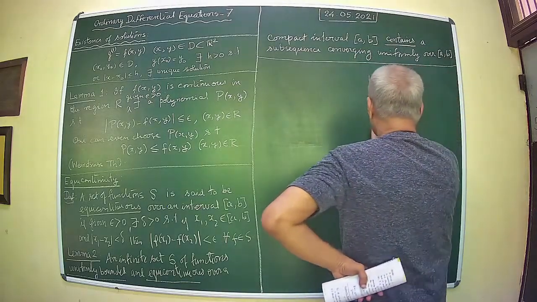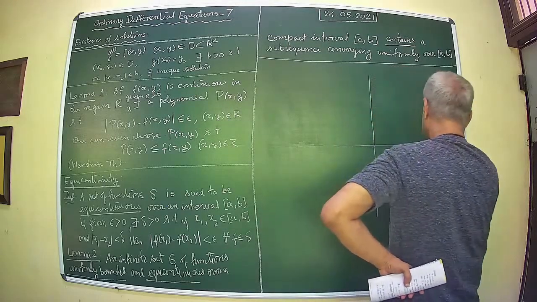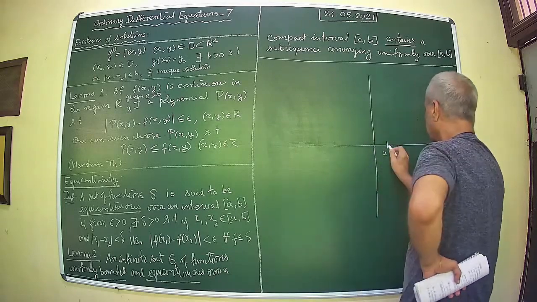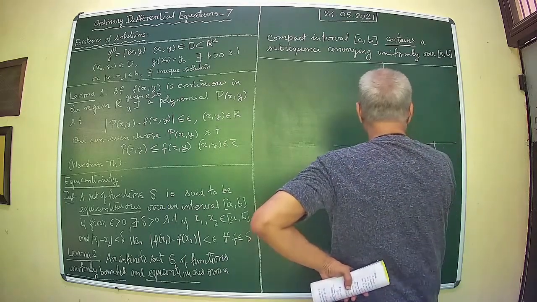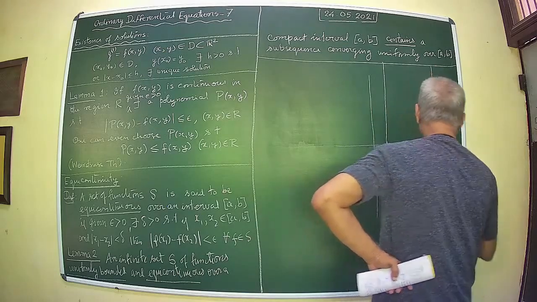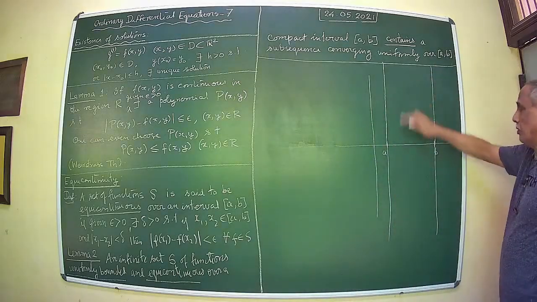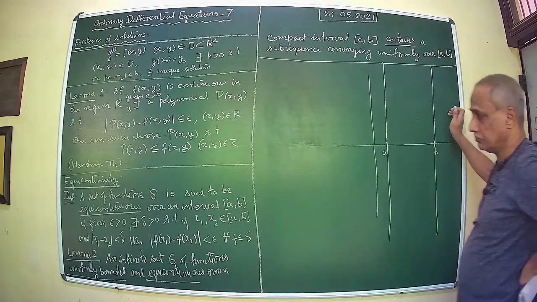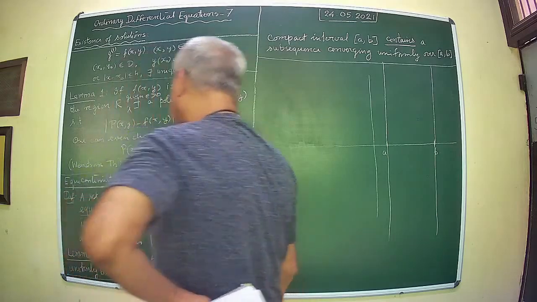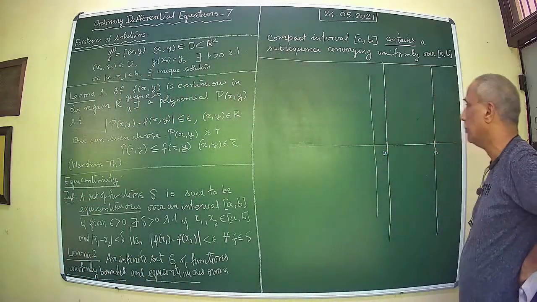What you have is this. Let us take the compact interval [a, b]. Now you see that the graph of these functions is spread over this particular region. We are assuming the entire class of functions is uniformly bounded.